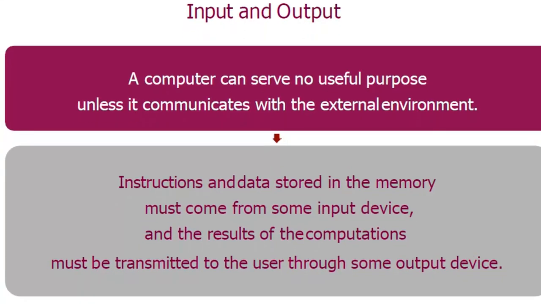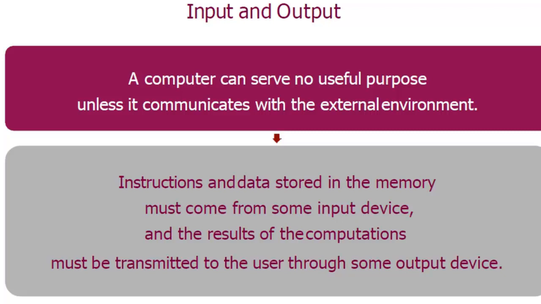So what basically are input-output instructions? A computer can serve no useful purpose unless it communicates with the external environment. That means if we do not have any input and output devices, then there is no use of a computer system. A computer needs input-output devices to communicate with the external environment.